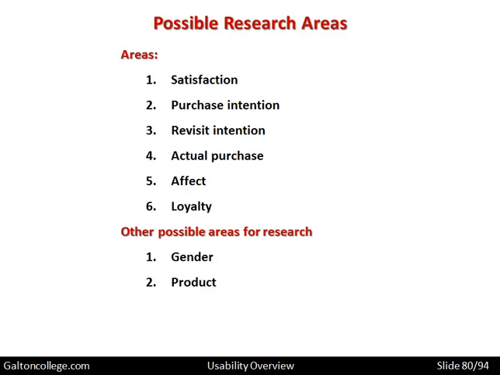Looking at the product, some products may be suitable for delivery from purchases online. Some may not. It depends. But looking at the product, people may want to have hands-on experience of the product before they make a purchase, particularly if it's a big, expensive item.